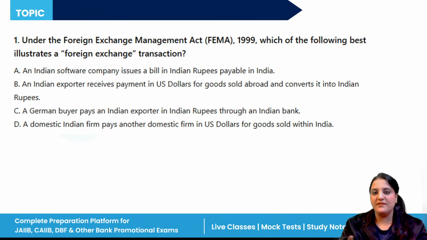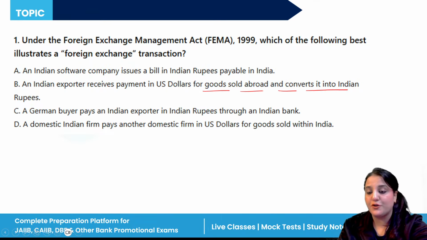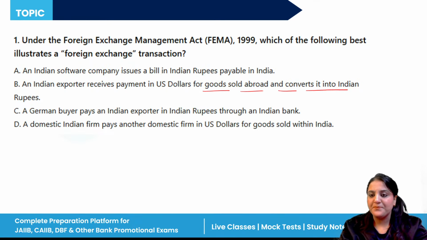That is also, we can say, foreign exchange, right? It is in the definition of foreign exchange. So if we see all the options, the first option is completely a domestic transaction, and in option B we see an Indian exporter receives payment in US dollars for goods sold abroad and converts it into Indian rupees. That is, we can say, the foreign exchange transaction. So option B is correct here.